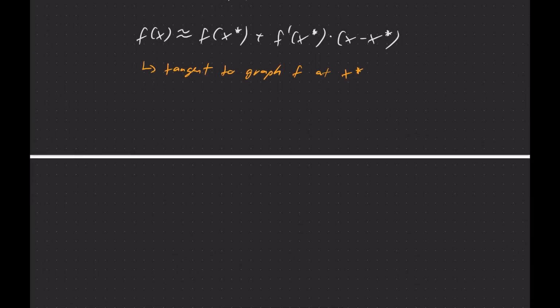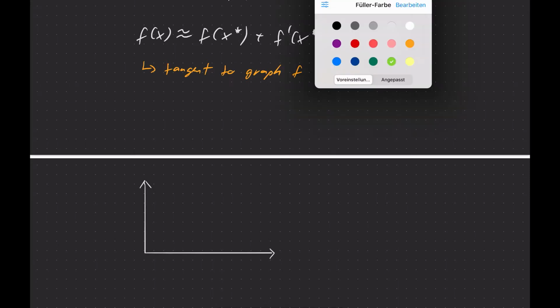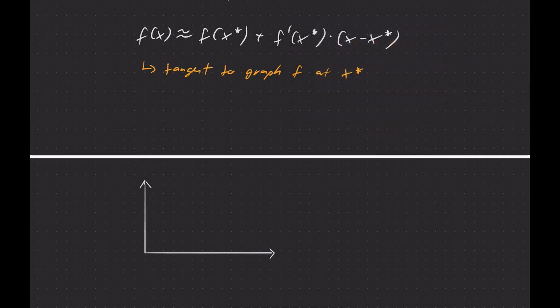So we could also illustrate this in a graphical way. Let's have a look at some function. Maybe the function will look somewhat like this here. So that's the graph of a function f.